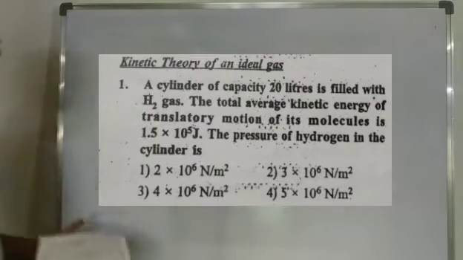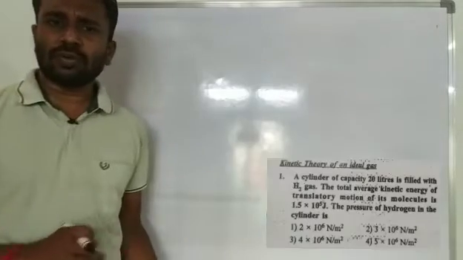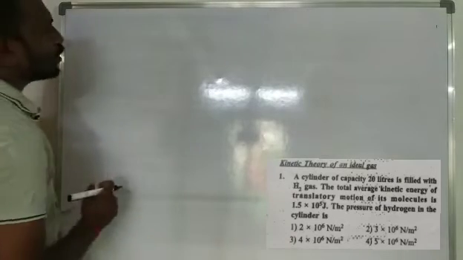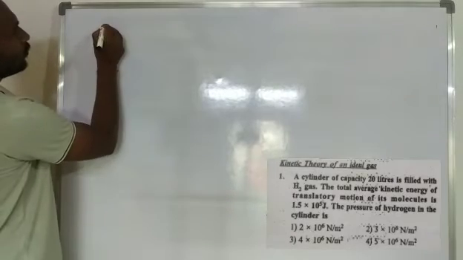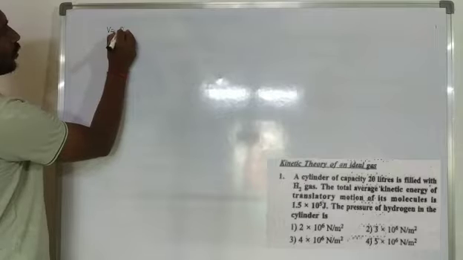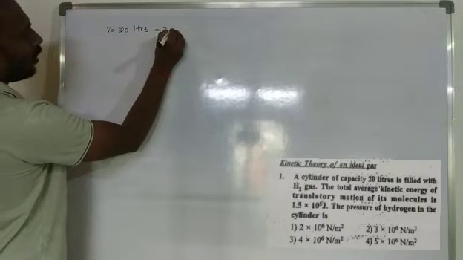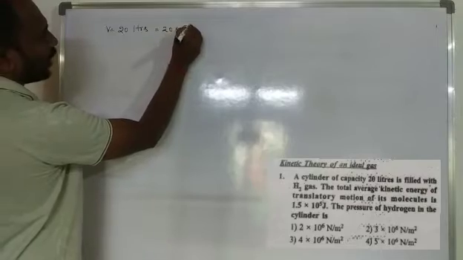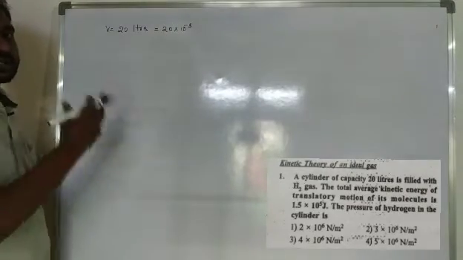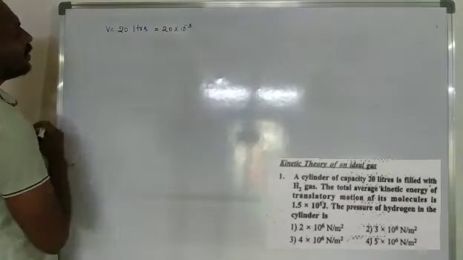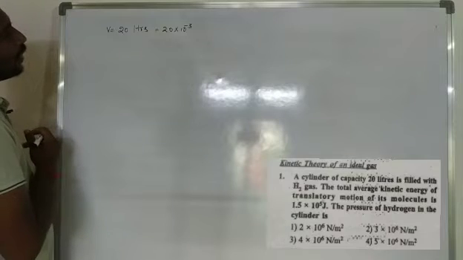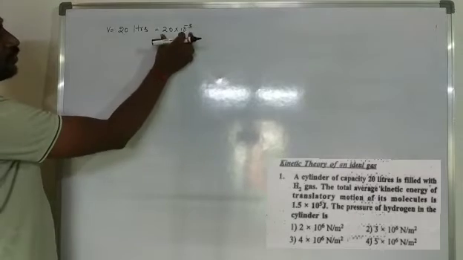Here in this problem, the volume V is equal to 20 liters, which means 20 into 10 power minus 3 meter cube.